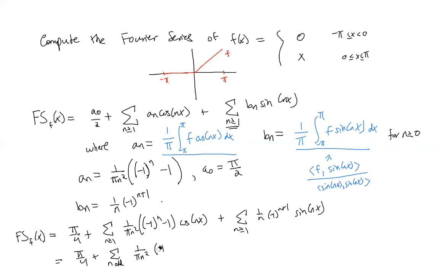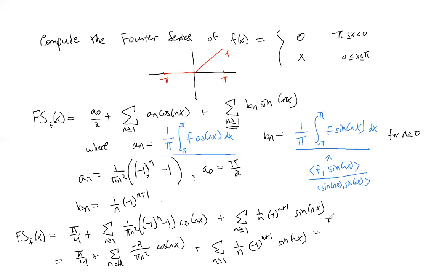So when n is odd, you get negative 2, and then you can keep this the same. Or if you want, you can just drop the sums and write them all out as an infinite series.